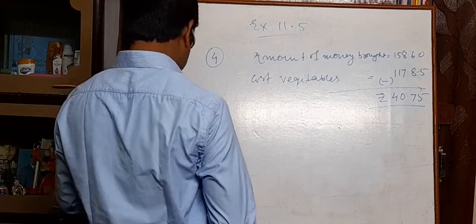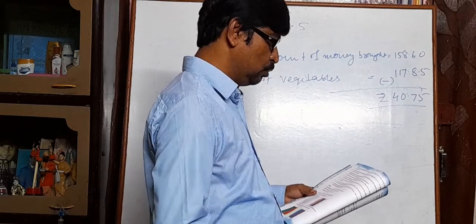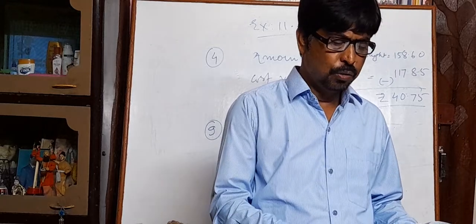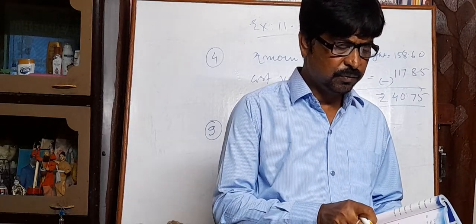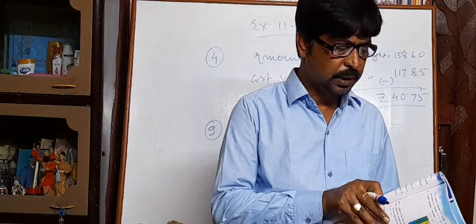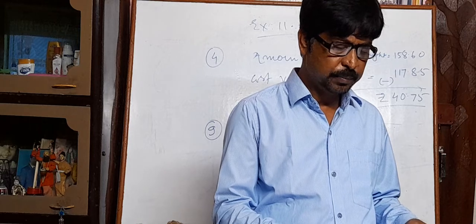Question number 9: the cost of a school uniform is rupees 625.75. Gopal bought 15 such uniform sets for his shop. How much money did he spend in all?